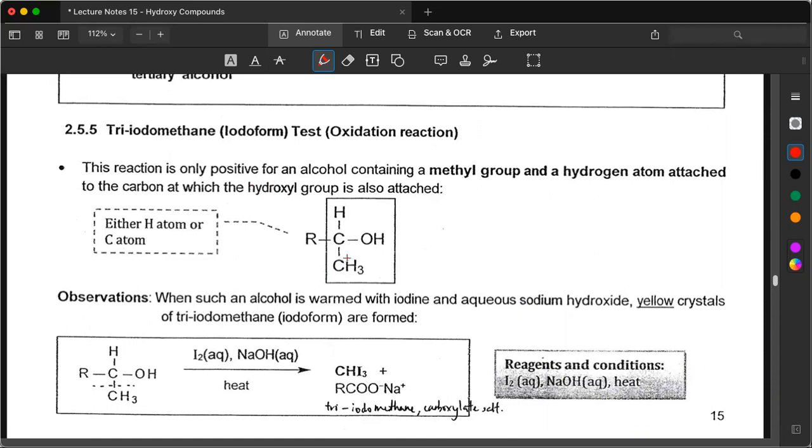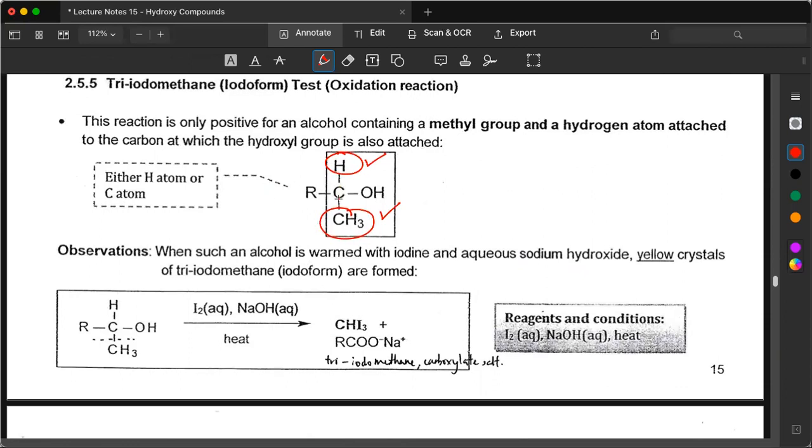So it has to be something like this, a methyl and a hydrogen bonded to the carbon. When such an alcohol is warmed with iodine and aqueous sodium hydroxide, we will see yellow crystals of triiodomethane. That's why we need a methyl group, so that we can see the yellow crystals of CHI3 form.